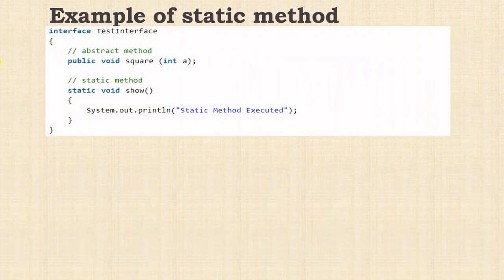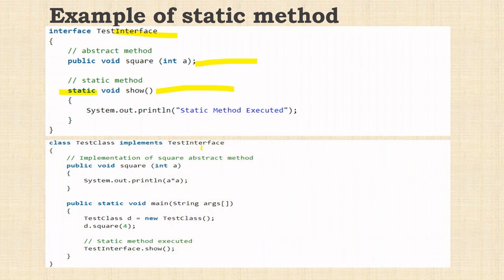Okay, so we'll see an example of a static method quickly. This is the test interface with one static method. We have created it with the help of the static keyword, and we have written some logic, "static method executed". We have implemented this test interface and written the logic for the square.